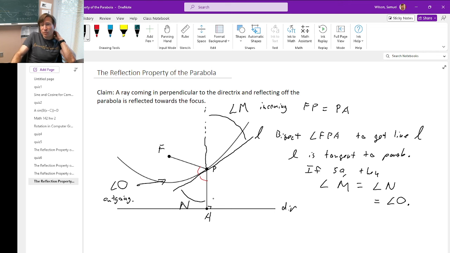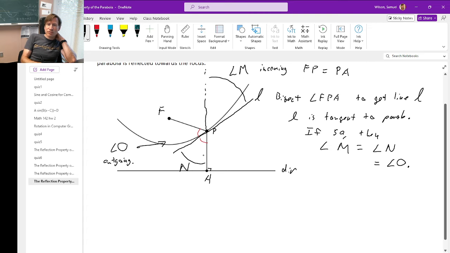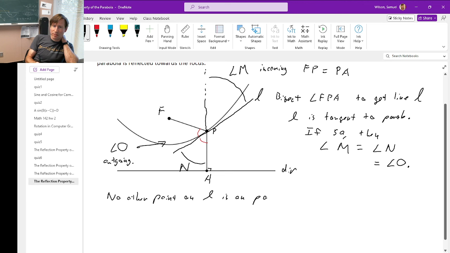Okay, so let's prove that L really is tangent to the parabola. To prove that L is tangent to the parabola, we're going to show that no other point on L is on the parabola.